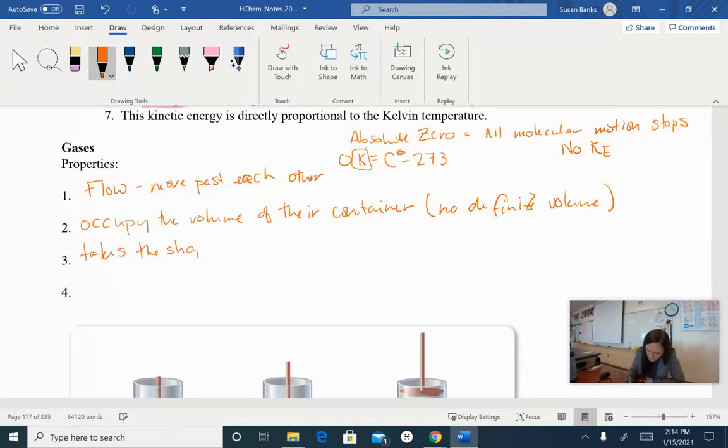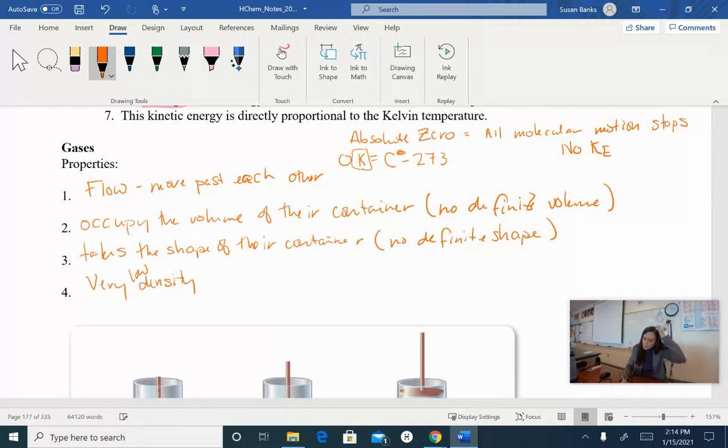So no definite shape. Very low density. Okay? Very low density. Okay, mostly empty space.